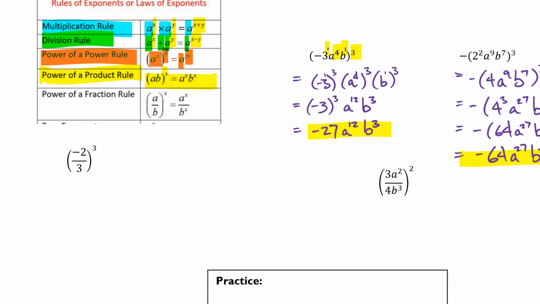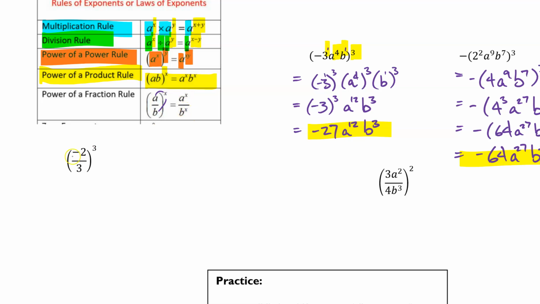We got to talk about the last one. That's power of a fraction rule. Okay, so we've got negative 2 over 3. Here's a fraction, and to the exponent 3. And really what's going on, actually, if you look over here, is when you have a fraction and an exponent on the outside, that exponent needs to go to both of the terms. And it ends up like this.